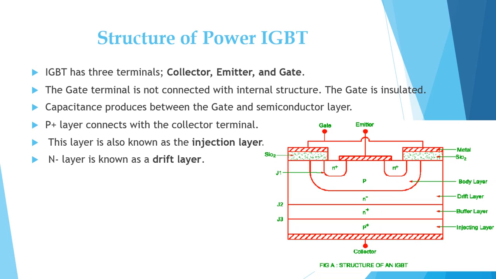Then there are three junctions we can see: junction J1, J2, and J3. And there is one silicon dioxide material. Here the silicon dioxide SiO2 thickness is nearly 1000 angstrom, and the gate is insulated from the main body, connected to a metal through a silicon dioxide layer.